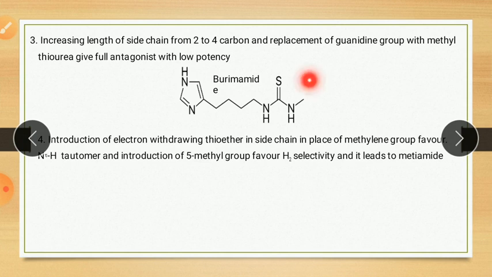So this drug has low potency, and this low potency is due to the electron releasing group. So it is an electron releasing group, due to which this drug shows low potency.